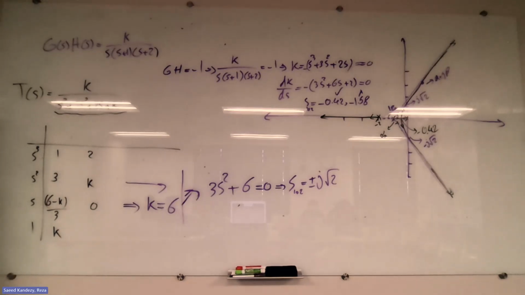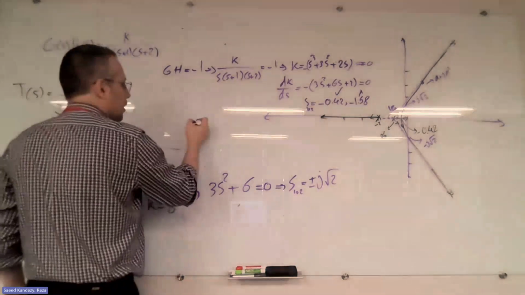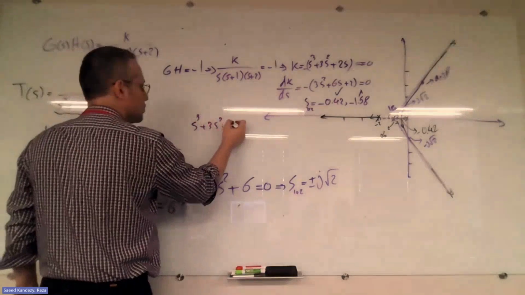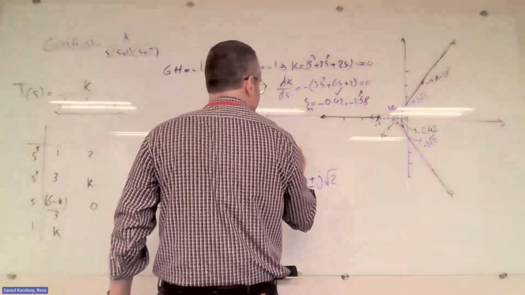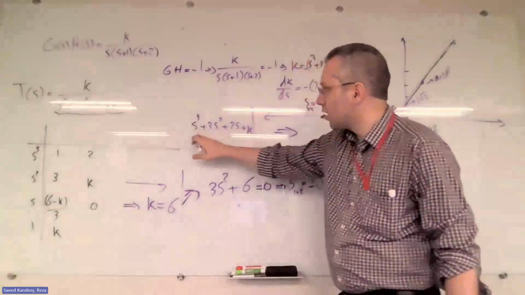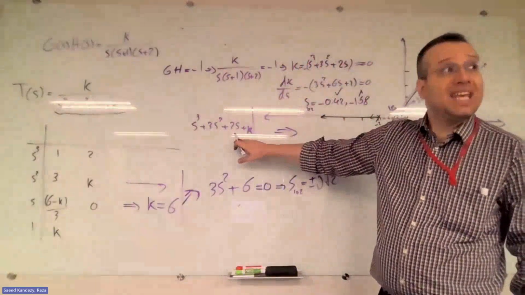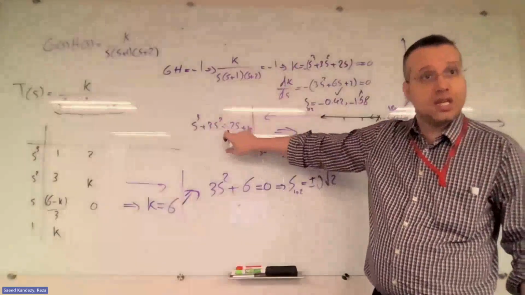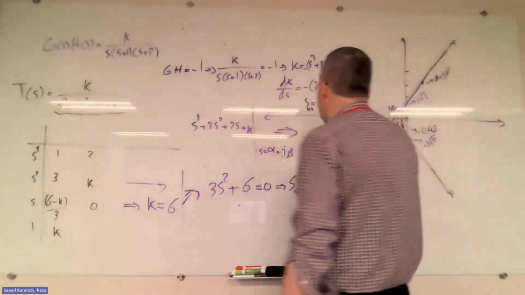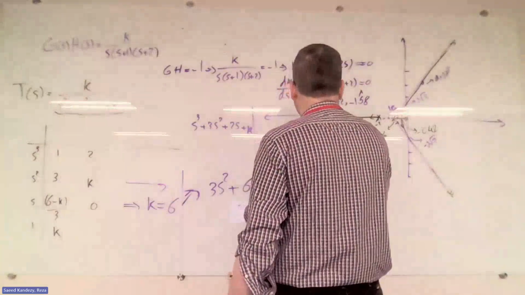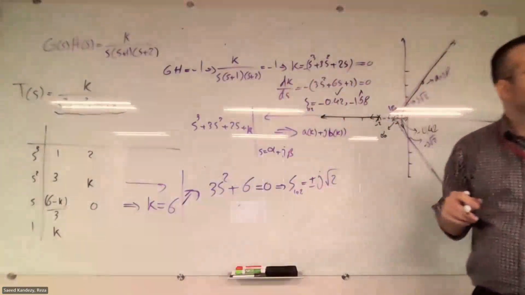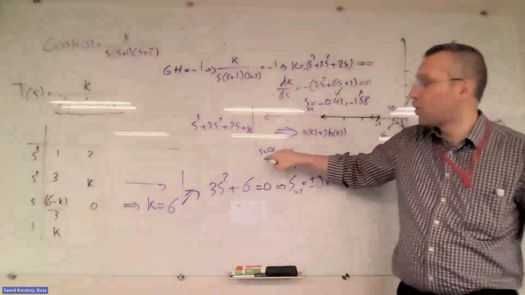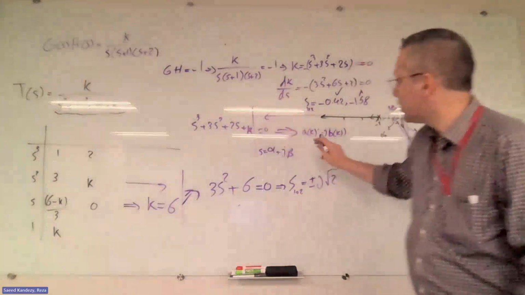Here you have S cubed plus 3S squared plus 2S plus K. When S is alpha plus j beta, you end up with a complex number that is a function of K: a real part as a function of K, plus j times an imaginary part as a function of K. That should be 0 because this is a pole.